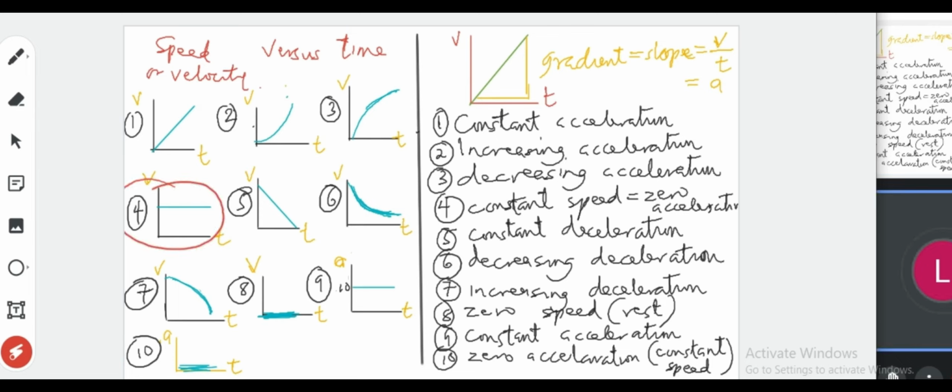Number 4, also constant speed. Both of them are constant speed, zero acceleration. Number 10 and number 4 are describing the same motion. Acceleration of free fall will look like number 9, because acceleration of free fall is a constant 10 meters per second squared.